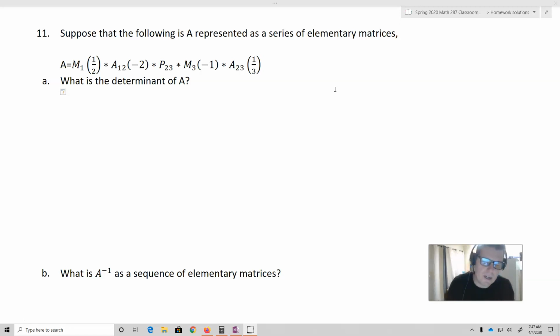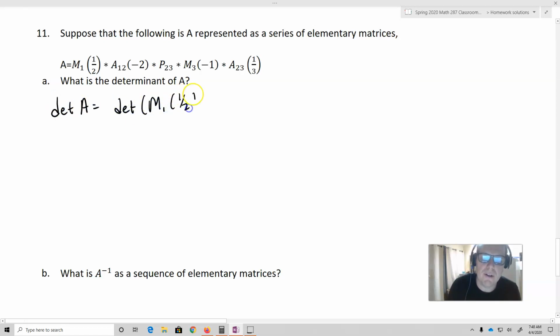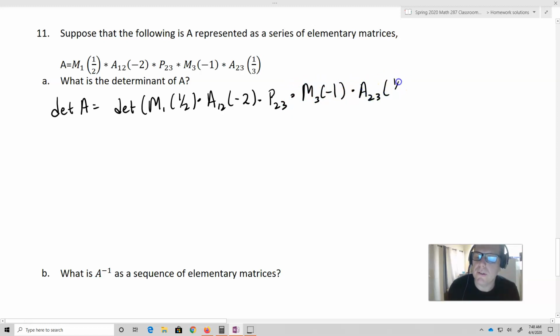All right. So we know the determinant of A is going to equal the determinant of all these guys, right? M1 1/2 times A12 negative 2 times P23 times M3 negative 1 times A23 1/3. We just want to get that these matrices are multiplication, addition, permutation, multiplication, and addition.